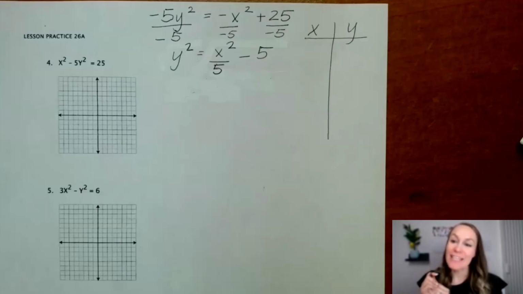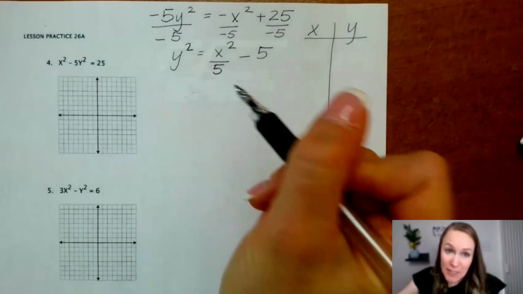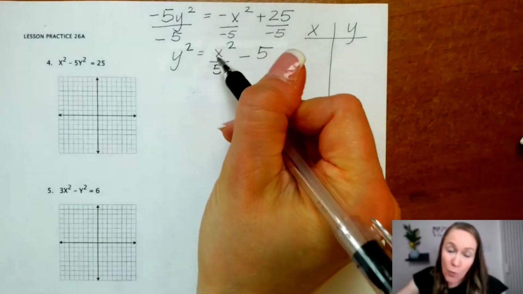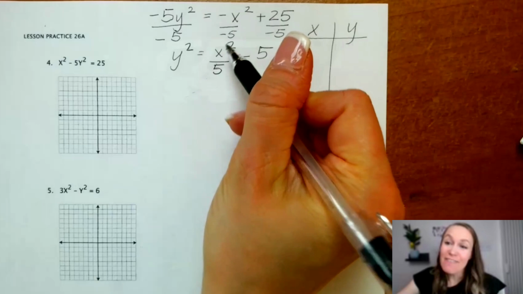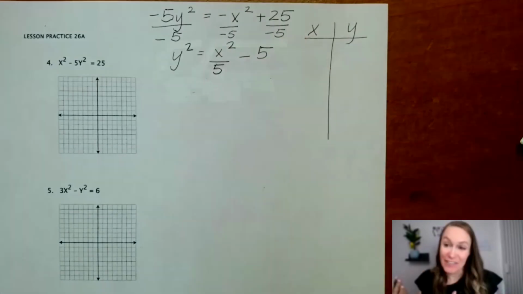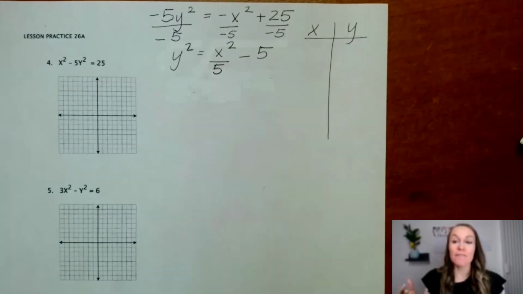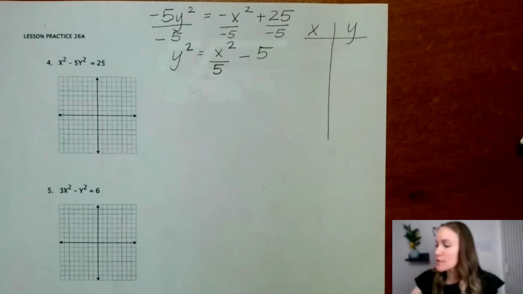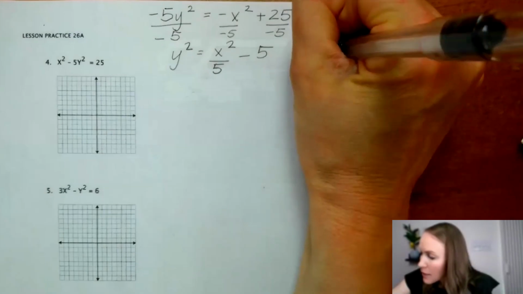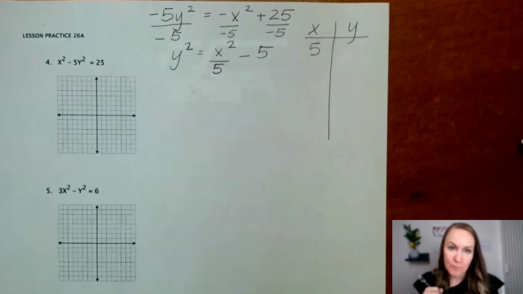And that number is 5. That's because I'm looking at this x squared: what is a square that's divisible by 5 and comes out evenly? 25 is a square that's divisible by 5. So let's plug in positive 5 for x.